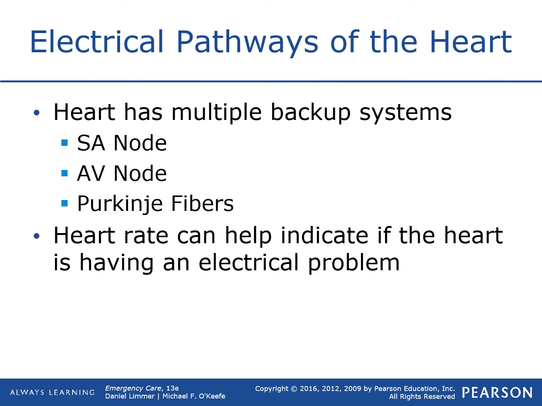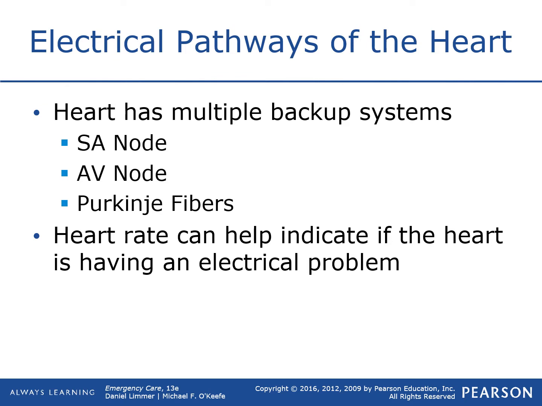The sinoatrial node encompasses the atria with its impulse, so it sends the electrical pathway through all the atria, then it gathers at your AV node. That's your atrioventricular node that's located right in the middle of your heart between your atria and your ventricles. That will gather the signal, pause for a quick second, like a millisecond or two, and then send it down to your ventricles.